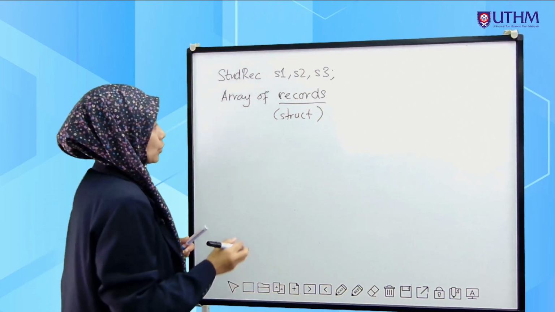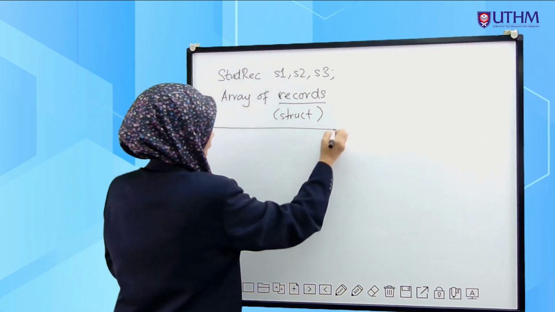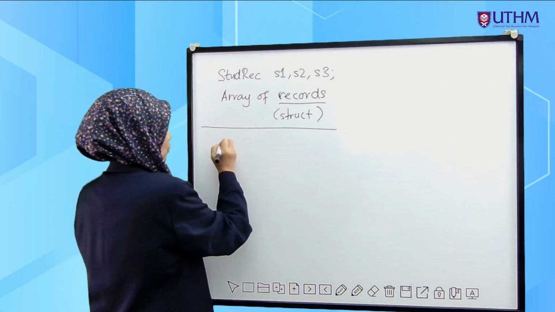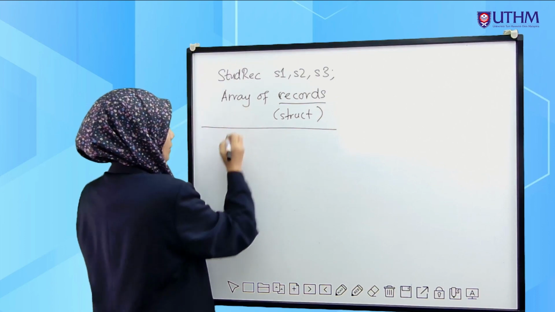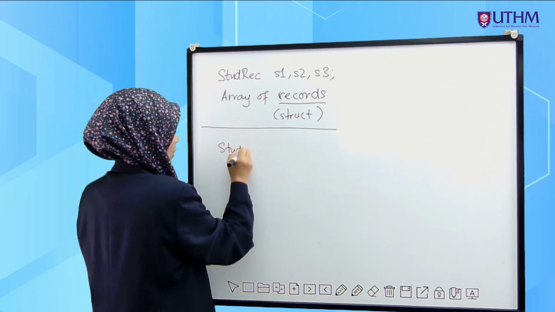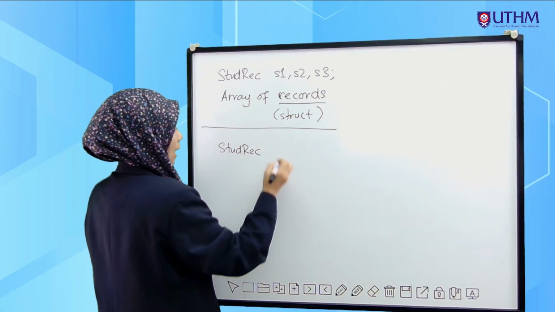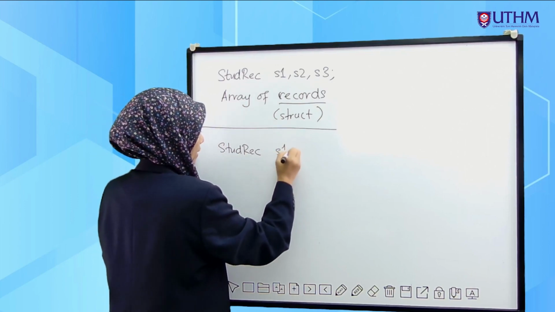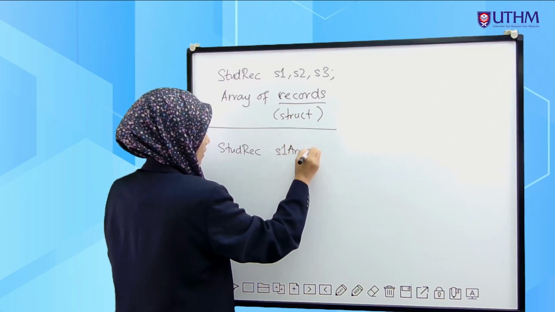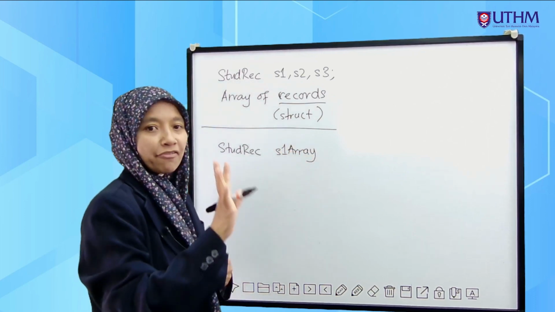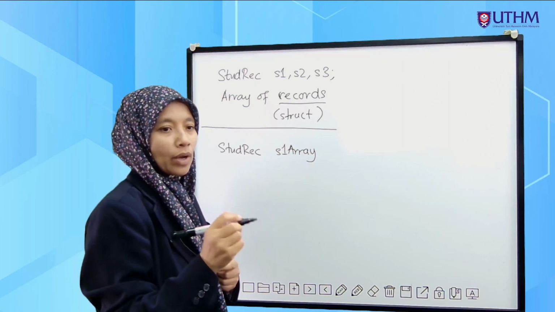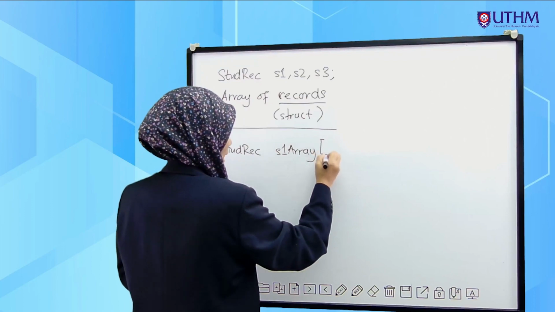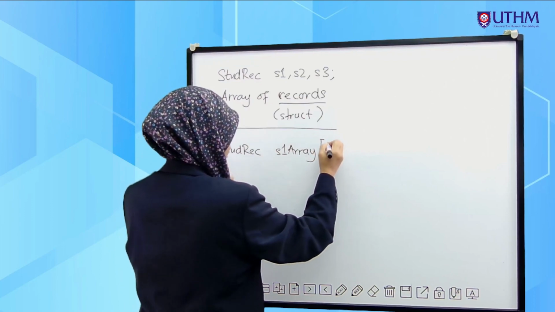So how do we declare an array of structs? We need the data type student record. Let me call my array name S1 array. Let's say I have 5 students and I want to keep the data for all of these 5 students, so I need to mention the size of the array.